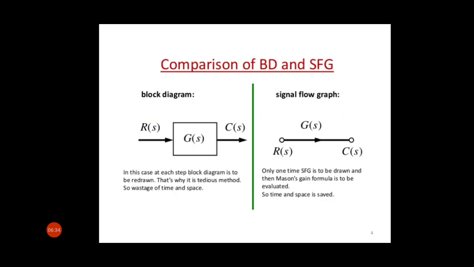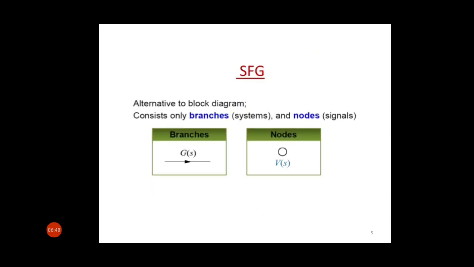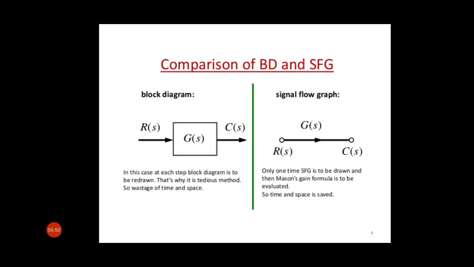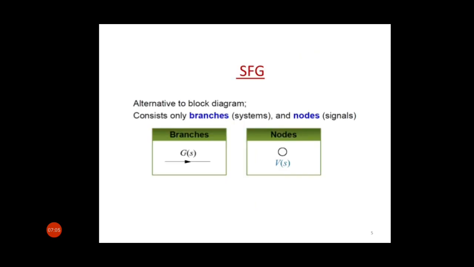See in this slide, nodes mean signal. So here R(s) is input signal, C(s) is output signal, so they are represented by nodes, and branches are system. So this G(s) is indicated by this branch. So the branch represents the system.